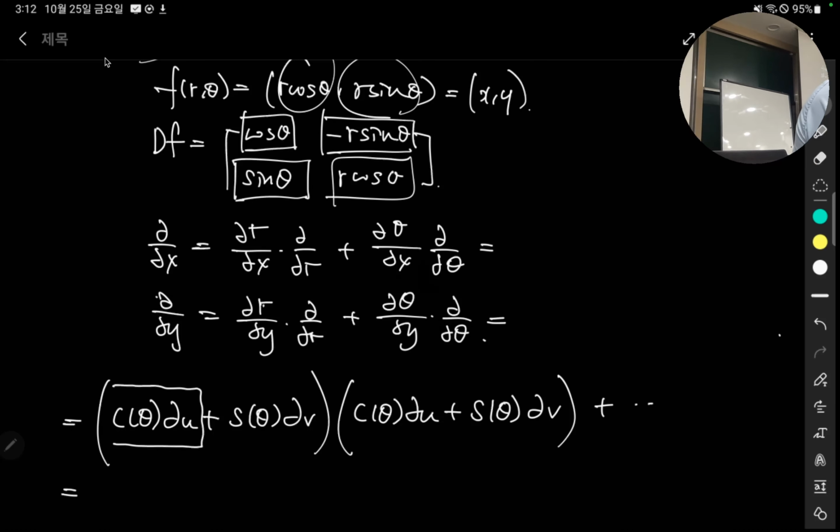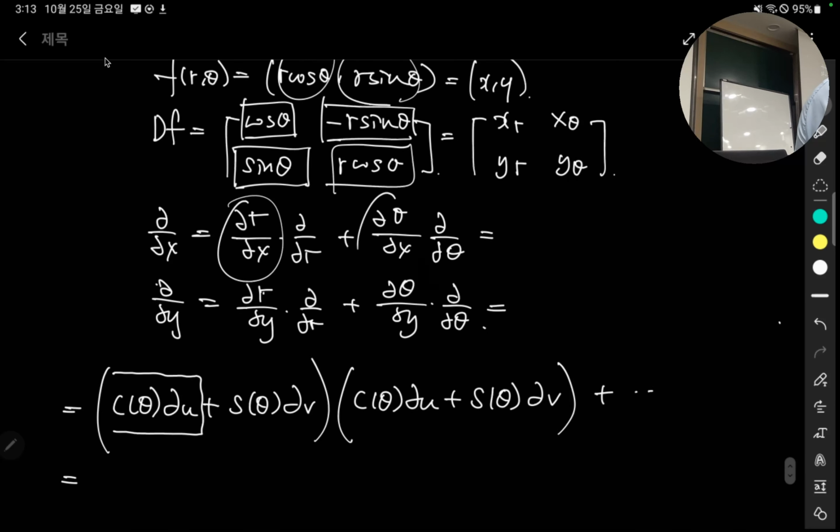So here these are x r, x theta, y r, y theta, but what we actually want is the opposite. We want these, right? Instead of the x derivative by r, we want the r derivative by x. So how can we get this?